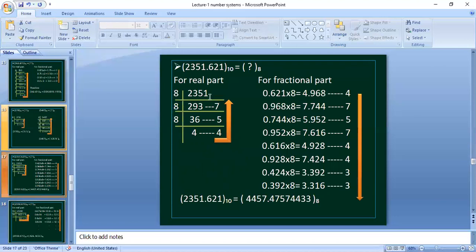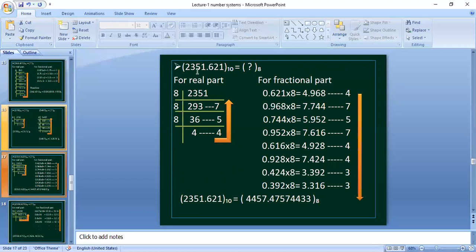And next another example. This is the given decimal number. It has both an integer part and a fractional part. We need to convert this given decimal to the octal number system. Since it has both parts, we need to convert the integer part separately and the fractional part separately.